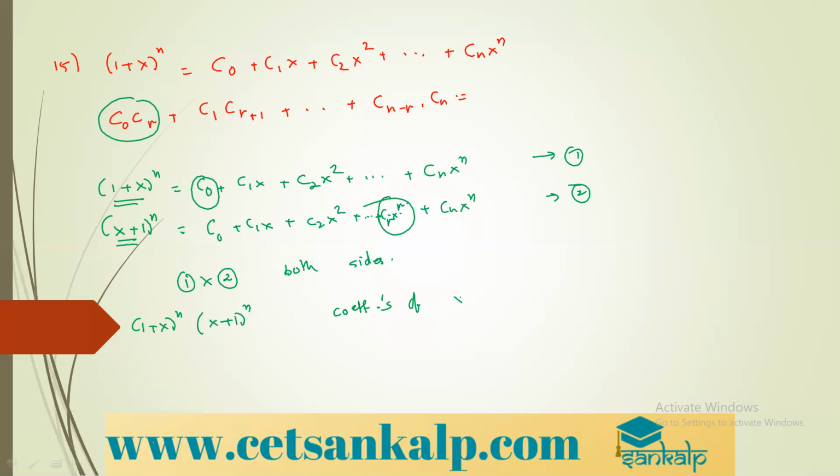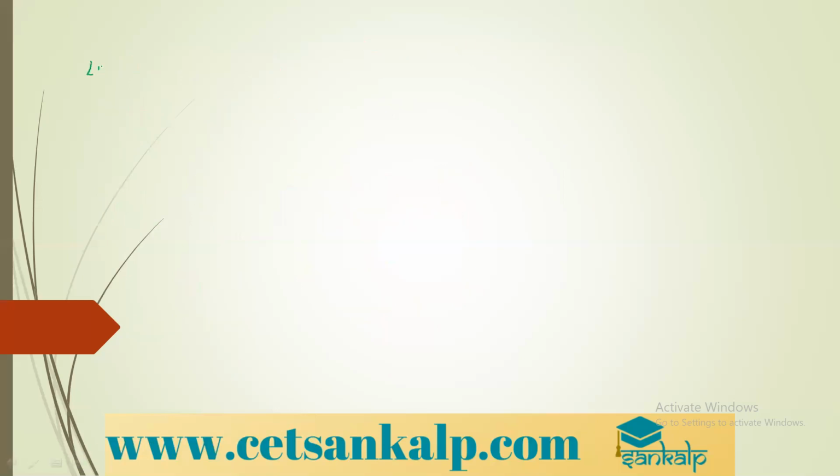So I am taking just the coefficient of x^r, multiplying both the sides and taking the coefficient of x^r. On the right side and left side, both. If I take left side, I have (1+x)^n (x+1)^n. That means (1+x)^n (1+x)^n. That means (1+x)^2n.